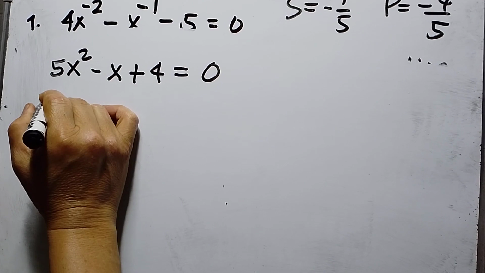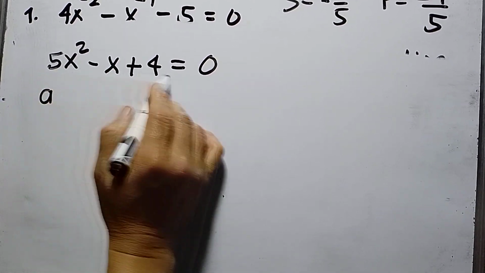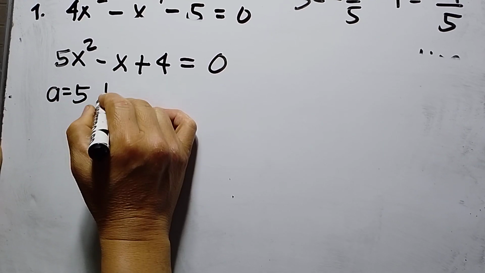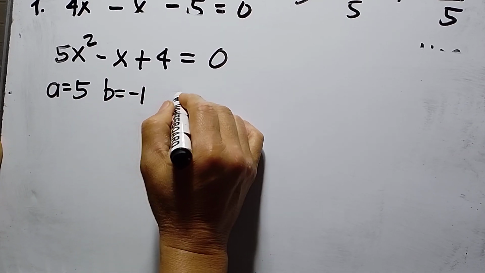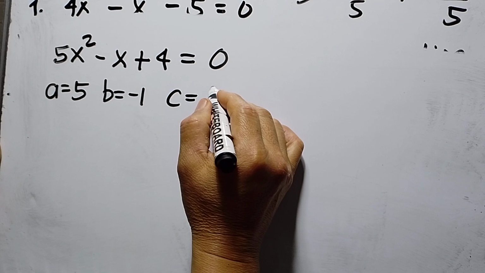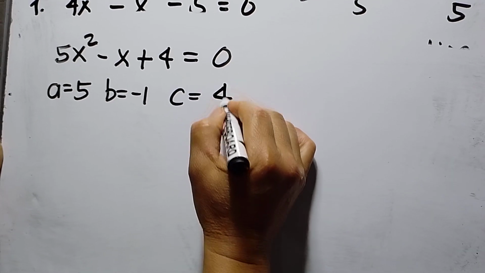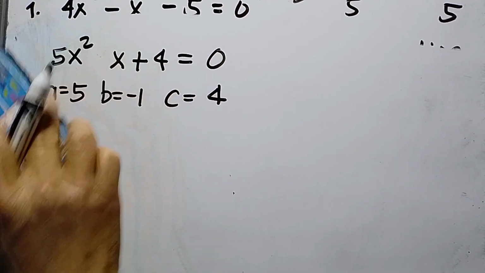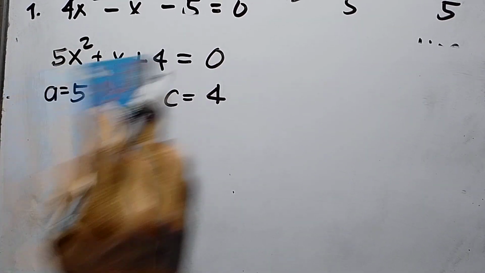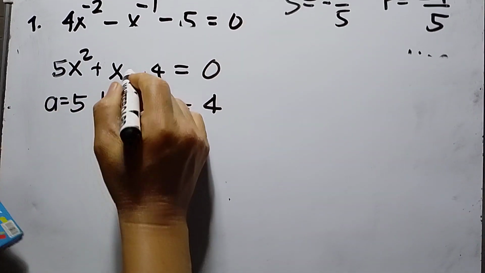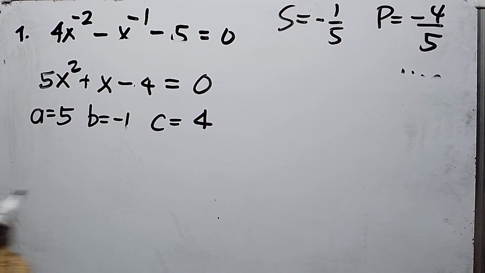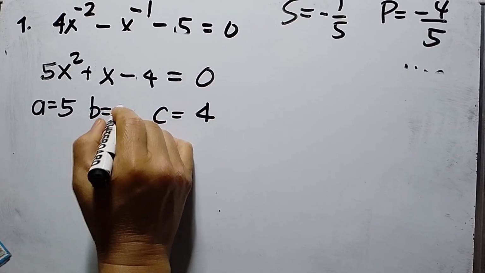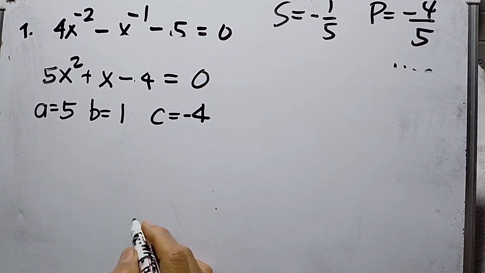Now we have to take the numerical coefficients of this equation. For x squared, we have 5. A is 5. Then B is negative 1. And then C is 4. Is it 4? I mean, 0. This is positive. Sorry, positive. And this is negative 4. So this will be positive and this will be positive 1. B is 1.